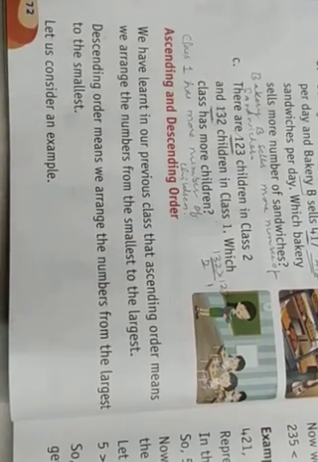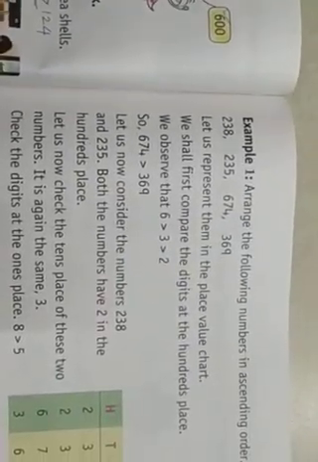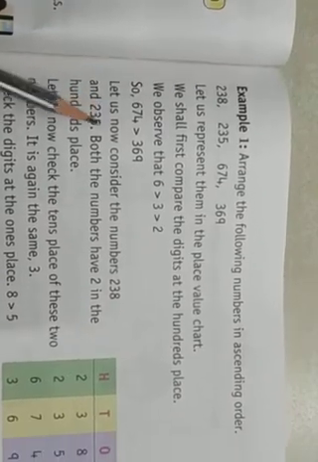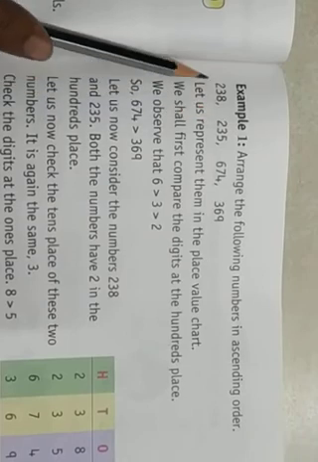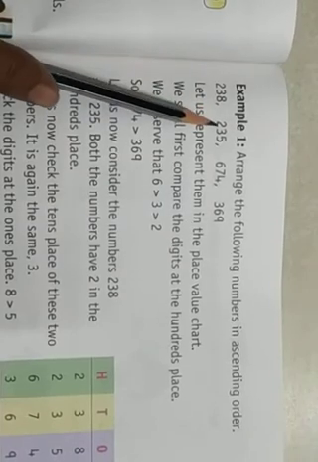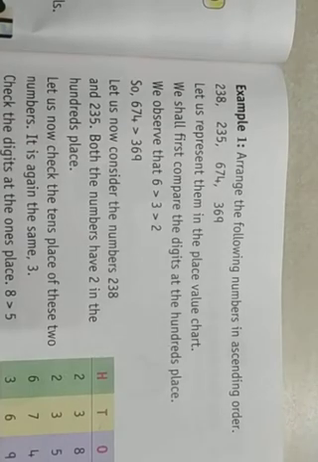Let's consider an example. See here. Example: arrange the following numbers in ascending order. This is 233, 438, 235 and 674 and this 369.